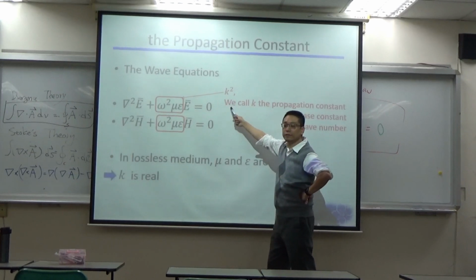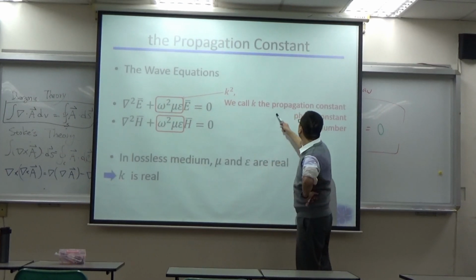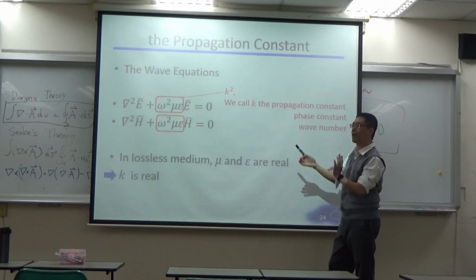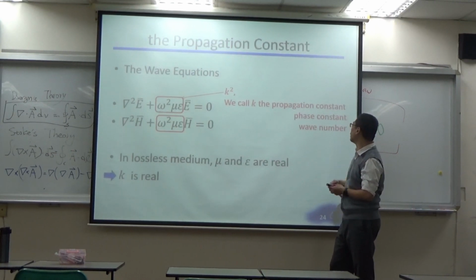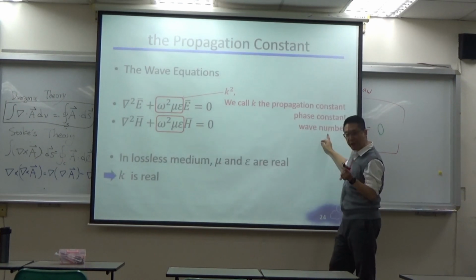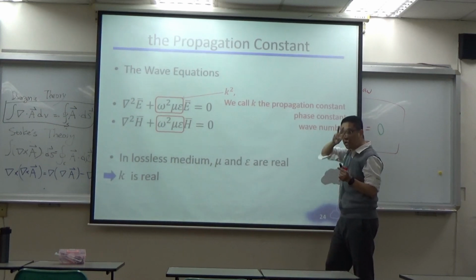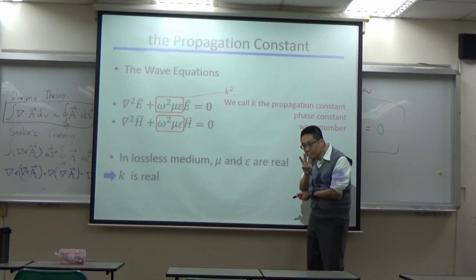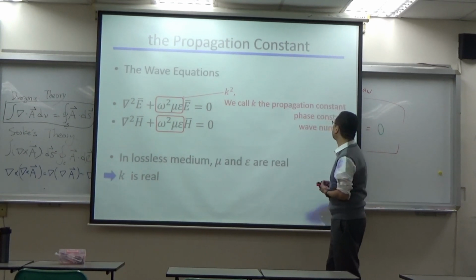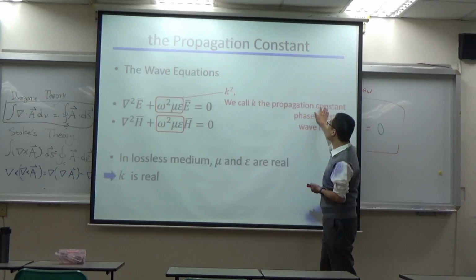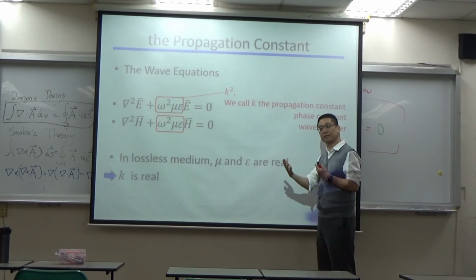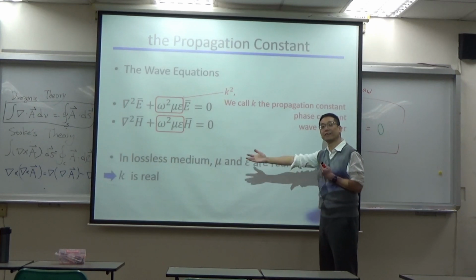The k, we call k the propagation constant. When you propagate, you have some constant. We call that the phase constant. We also call it wave number. The k has three names. If we call it the propagation constant, it means how it propagates. It is a constant for propagating.